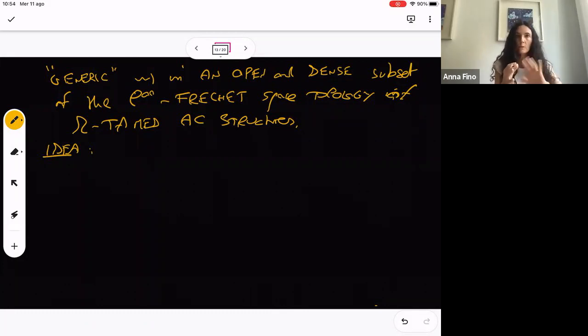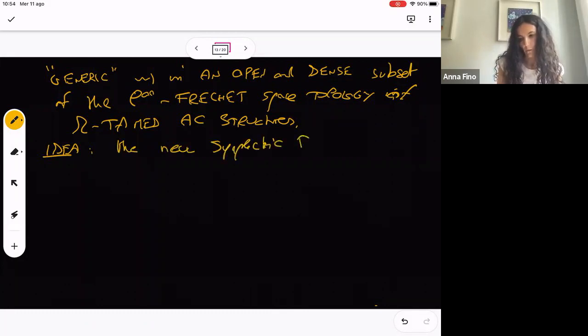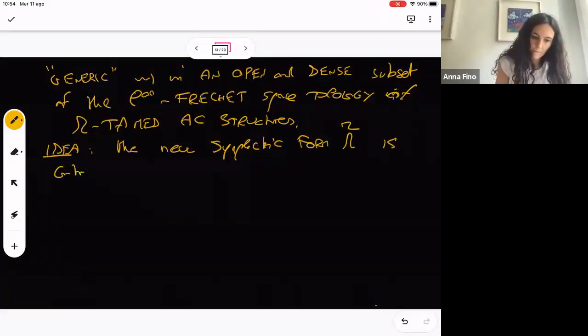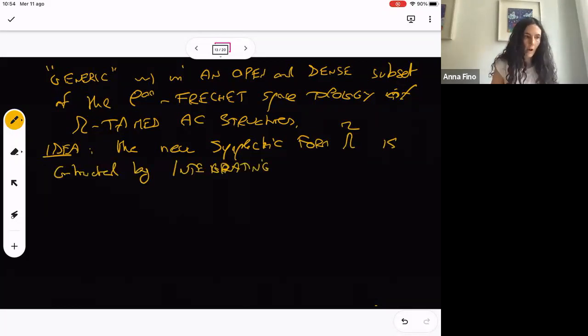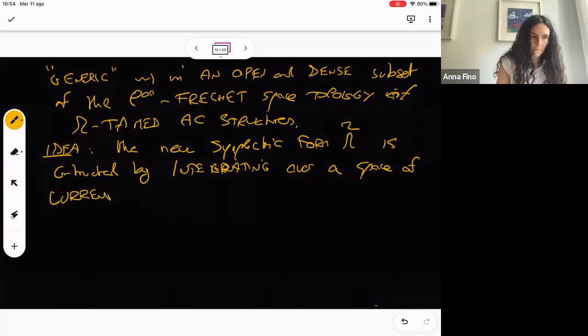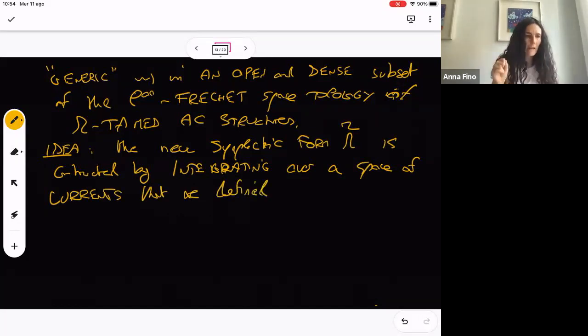So you need the duality with 2-forms. So the idea is that the new symplectic form omega tilde is constructed by integrating over a space of currents that are defined by pseudo-holomorphic curves. So again, using pseudo-holomorphic curves.